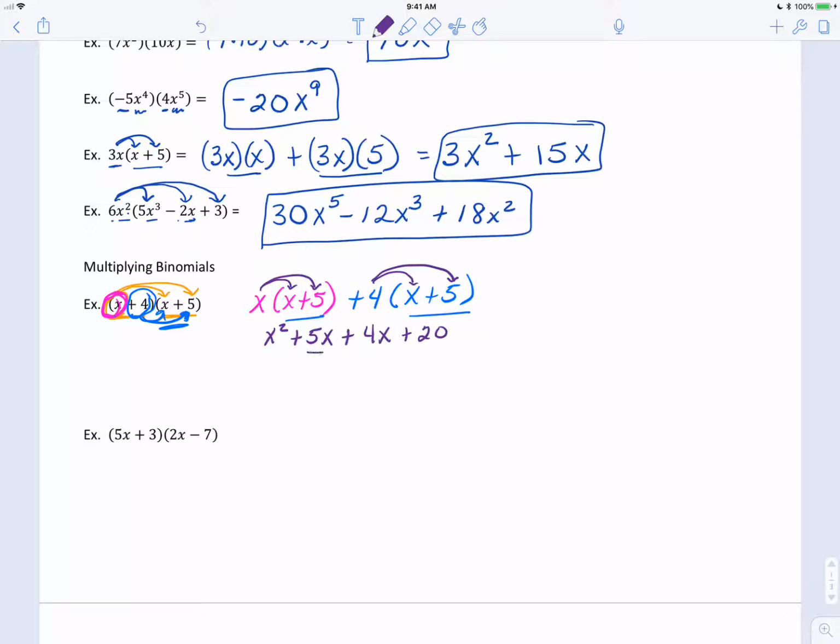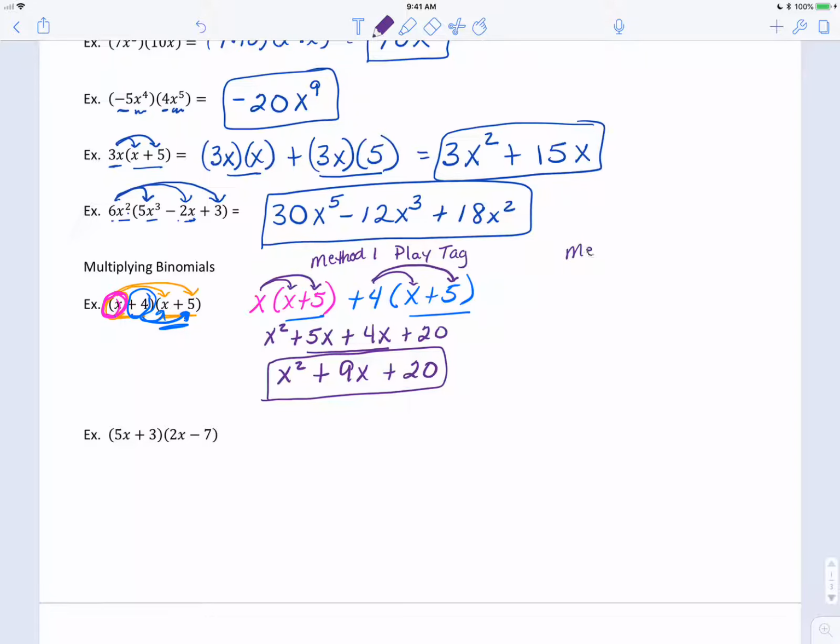Well, notice that we've got some like terms here, so we do need to simplify that and say, okay, well, I've got 5x's plus another 4x. I have 9x total. Okay, so we play tag. Now another way to do that, I'm just going to show you two ways. So this is method 1, where we play tag.